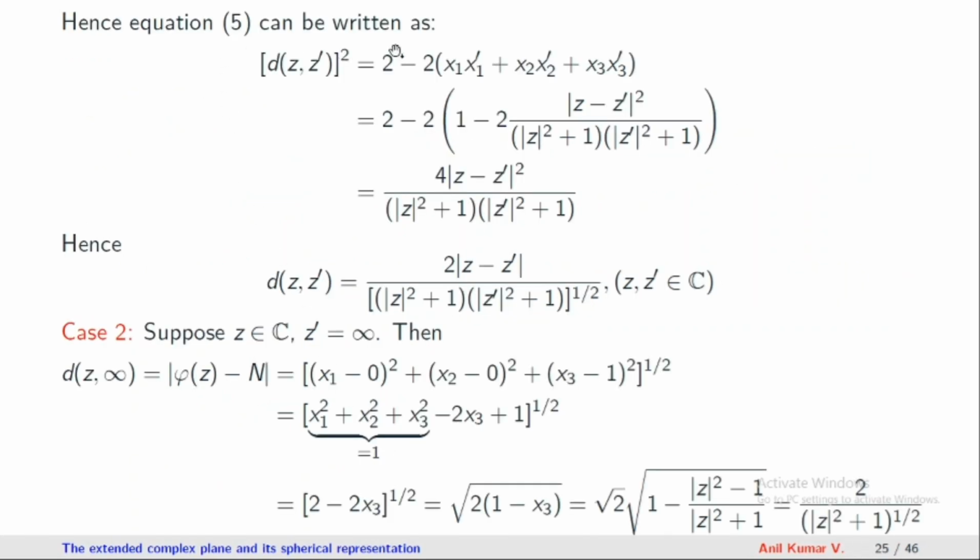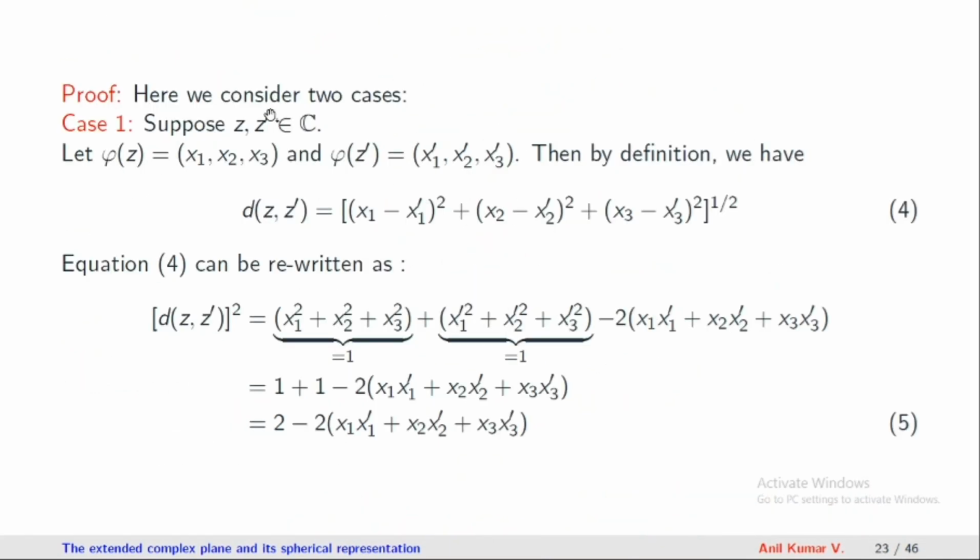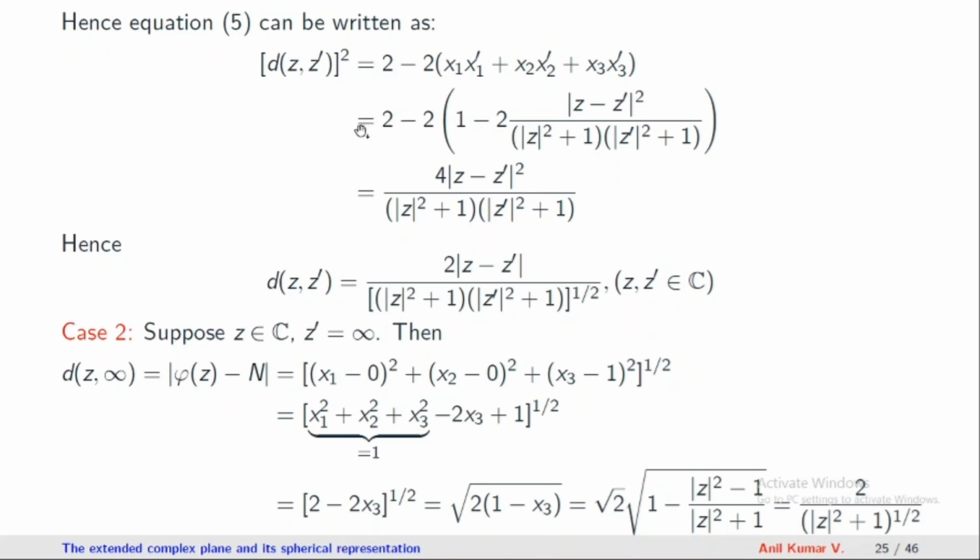Hence equation 5 becomes equation 5. Here this is equation 5. So substituting the value of this expression in equation 5, we obtain the square of the distance between z and z prime is equal to 2 minus this expression.